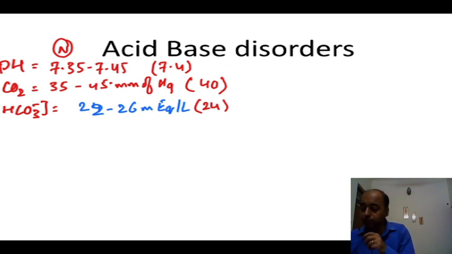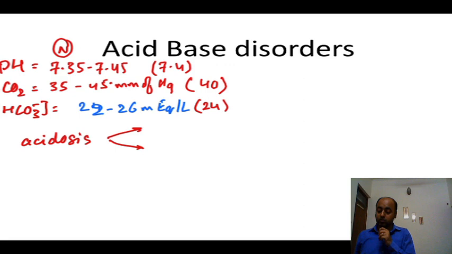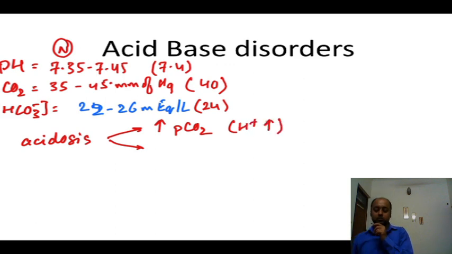Now, we already said what is acidosis and what is alkalosis. In case of acidosis, there are two possibilities, depending on the primary cause. One possibility is there is an increase in PCO2. See what happens when PCO2 increases: the amount of carbonic acid increases and therefore the amount of H plus increases. So in acidosis, the H plus concentration increases, which can be because of increased PCO2.